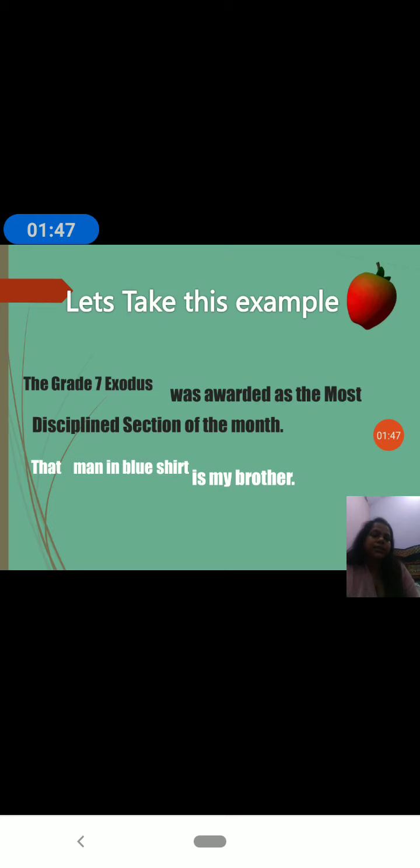In the first sentence, the is used here as a determiner. In the second sentence, that is used as a determiner.